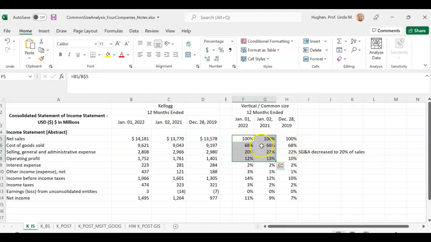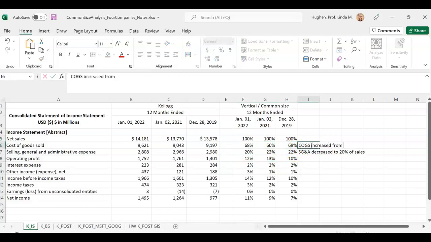This increase in cost of goods sold was unfavorable for the company. But the SG&A decreased. So we can see the net effect of that was that operating profit as a percentage of sales decreased over the prior year, but increased over 2 years prior because of this decrease in selling, general, and administrative expenses.